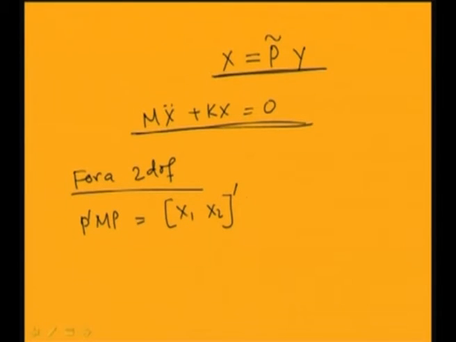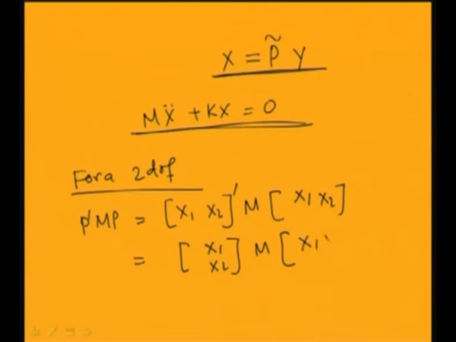Here M is a 2 by 2 matrix, and each of x1 and x2 is 2 rows by 1 column.